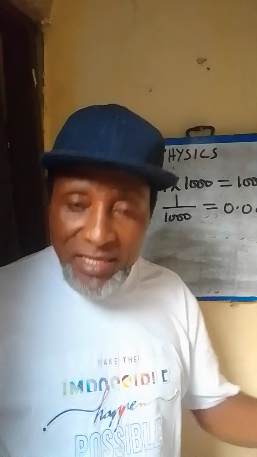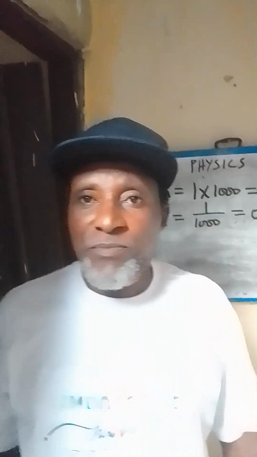So, friends, these are the conversion units to convert distances. We have been told that the SI unit for measuring distance or length is meters. There are other related units also used to measure distance or length.